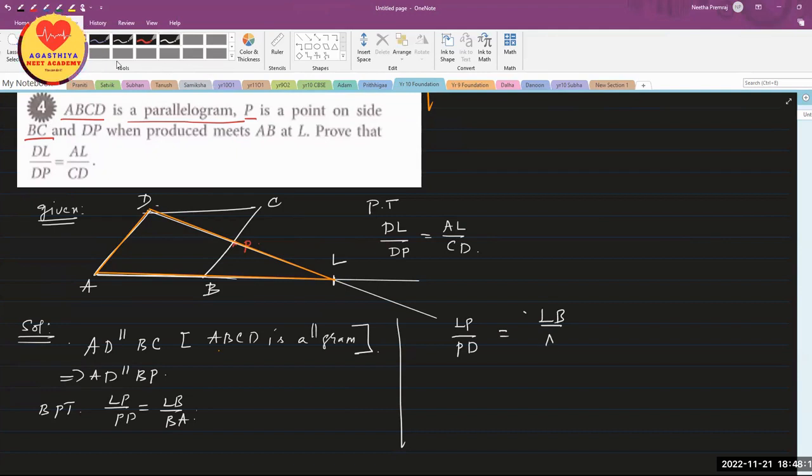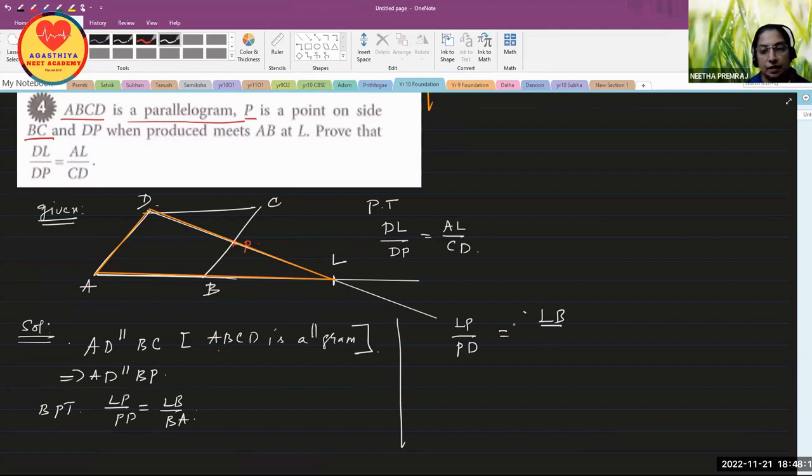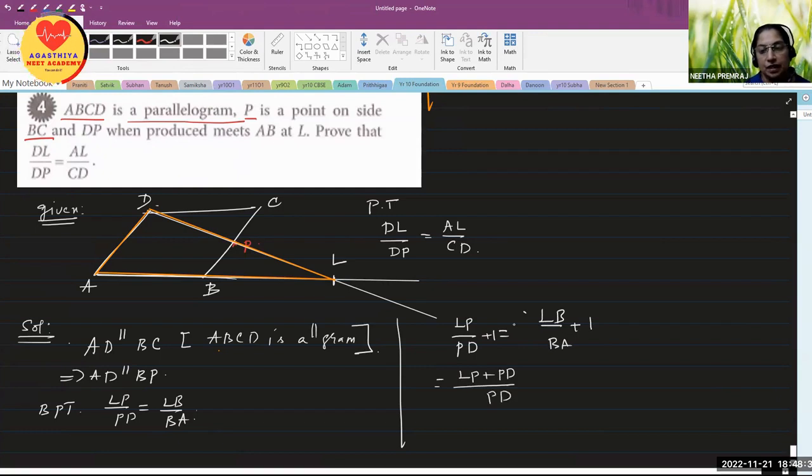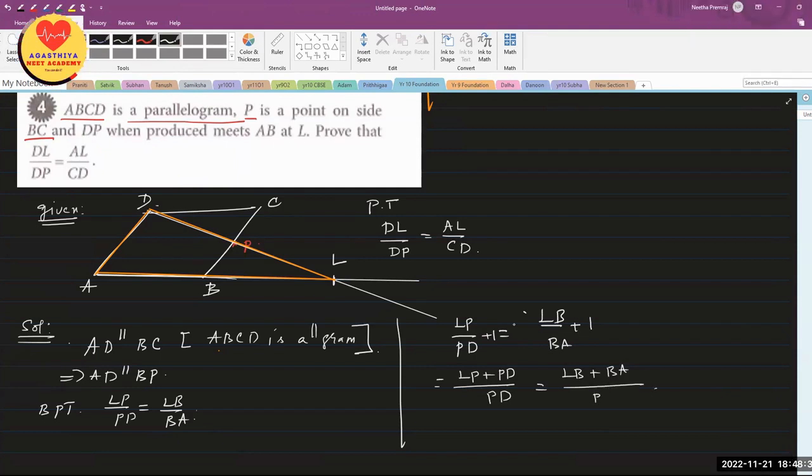I write it that way. I add one on either side. So I take the LCM. If I take the LCM, what happens? LP plus PD divided by PD is equal to LB plus BA divided by BA.